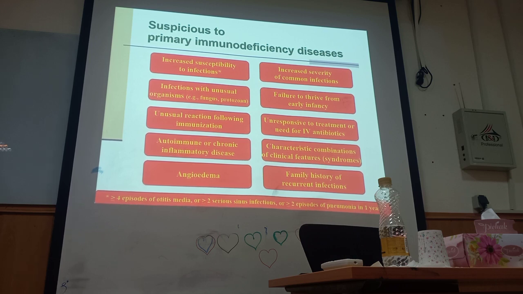Do you know the rate of consanguinity in your countries? The rate of consanguinity, related marriages. No idea? 2%, 5%, 10%, 20%.